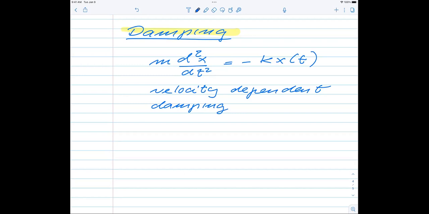And the way we're going to do this is simply to add a constant b multiplied with a velocity. So this is simply a new force, b times v. So this is our friction force.